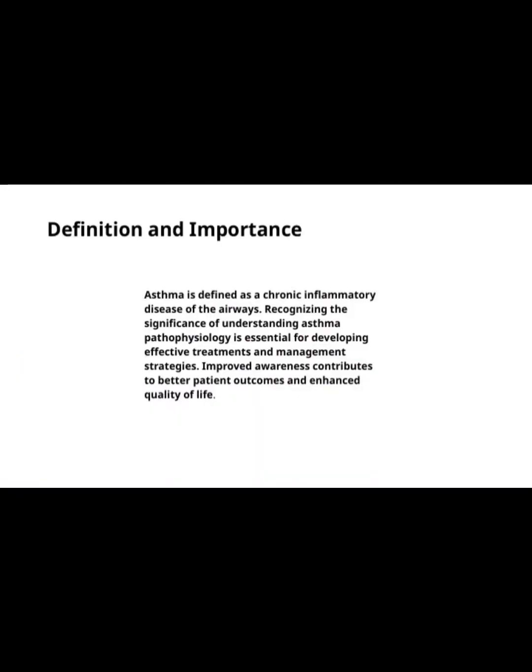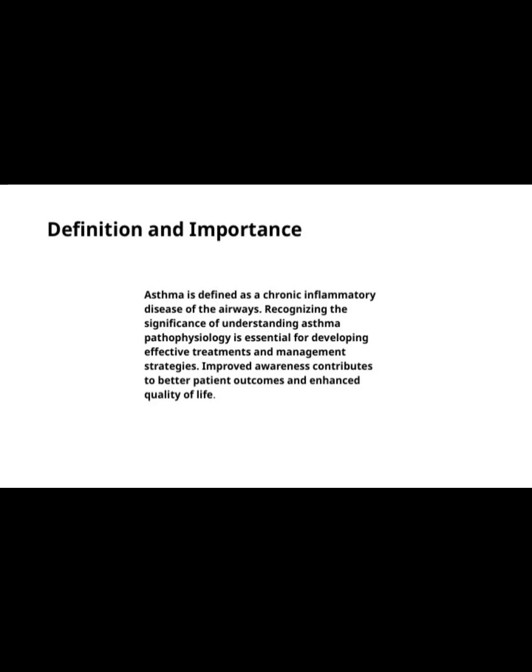Let's start by understanding what asthma really is. Asthma is a chronic inflammatory disease of the airways, which means it's a long-term condition that causes inflammation and narrowing of the air passages. Recognizing how important it is to understand the underlying pathophysiology of asthma is key. When we know what's happening inside the lungs, we can develop more effective treatments and management strategies.